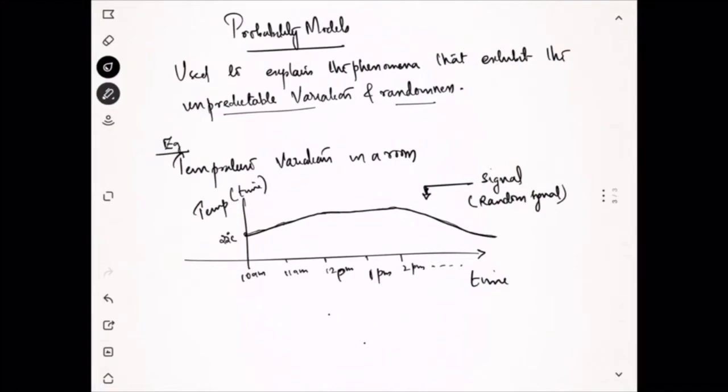So in order to tackle this issue, we need to study the behavior of this temperature variation in a room, for example. In such a situation, we need some basic ideas, basic tools. By using the probability theory, we can tackle this issue.